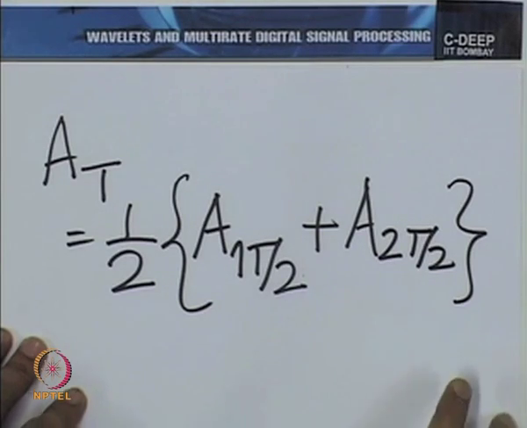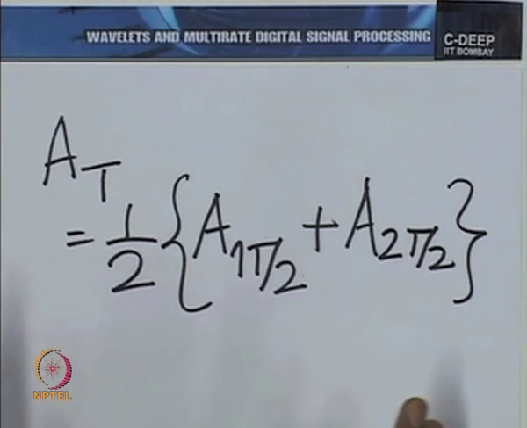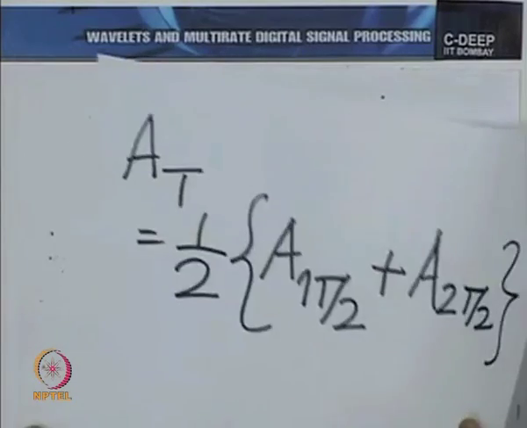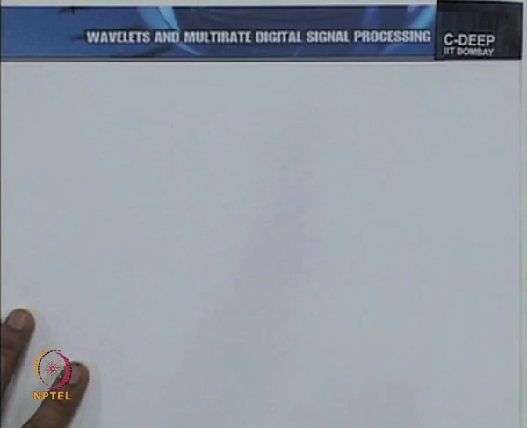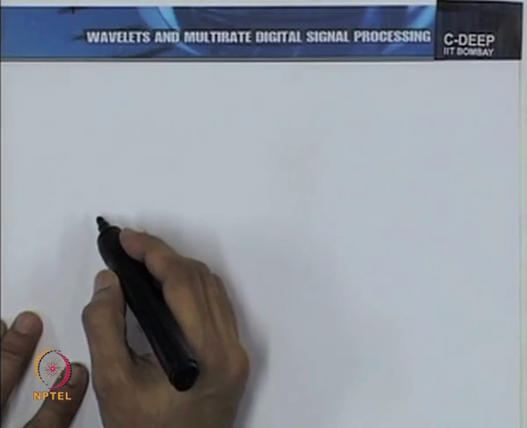How do we interpret this? Let me try and focus just on this relationship. In other words, let us just focus on these three constants and make a drawing there. So, what we are saying is something like this.